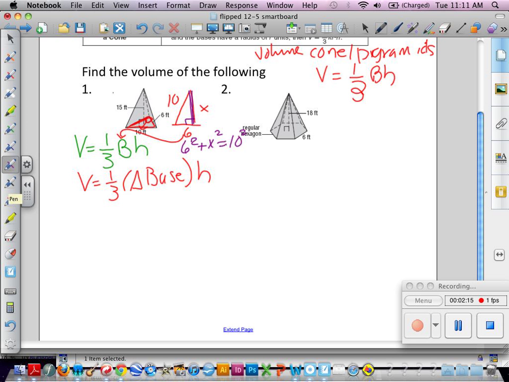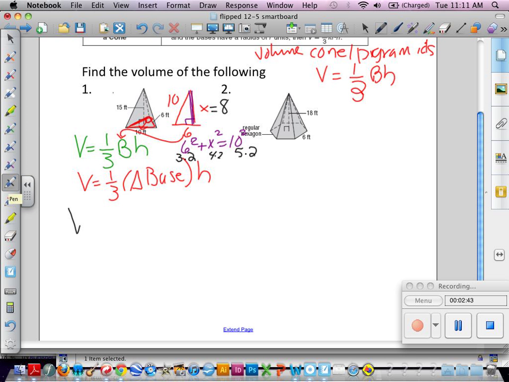Some of you are saying right away that's going to be 8, and you're right about that because it's my favorite triangle, 3, 4, 5. So 6 is 3 times 2, and 10 is 5 times 2. So x is going to be 4 times 2. So the x is 8. If you want to do 10 squared minus 6 squared and hit the square root button, you're going to discover you're going to get 8.